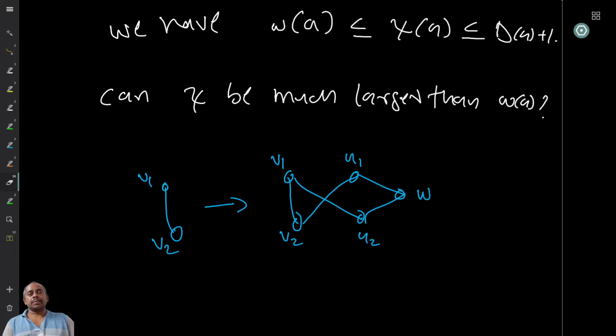In fact, it is equal to k plus 1, and there is still no triangle. So I start with a triangle-free graph and make a new graph. The chromatic number increases by 1 without creating a triangle. Therefore, I can keep on doing this and make the chromatic number larger and larger.